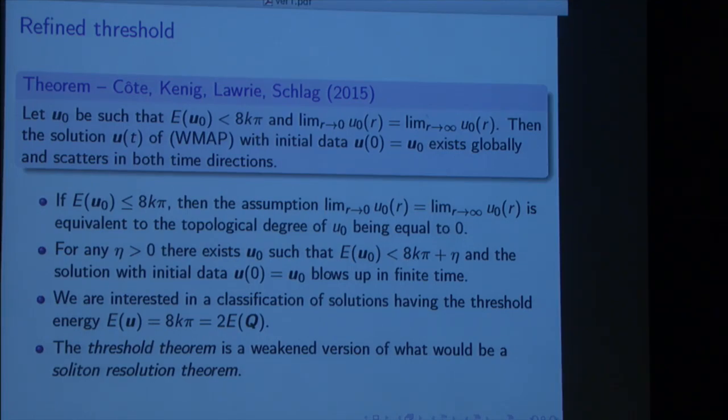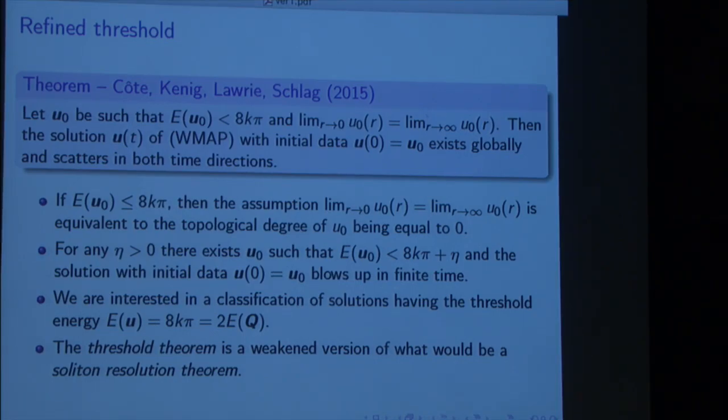There are also solutions which are kind of exotic, by Krieger, Schlag, and Tataru, which have different dynamical behavior than these stable blow-up solutions. So it seems to be complicated to classify, but I don't think there is any classification. There are recent results by Krieger, but it is for 3D. It's not for the wave maps equation.